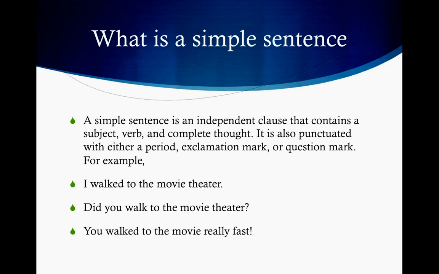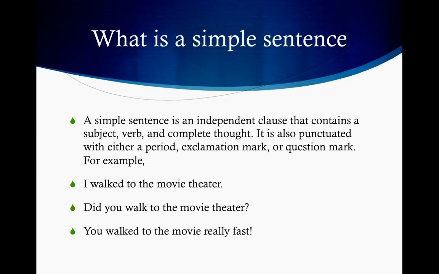And you don't have to have an infinitive phrase like to the movie theater. You could, for example, use I am hungry. So the subject is I, the verb is am, and hungry is an adjective. So you just have to make sure that you have a subject, a verb, and you're making a complete thought.